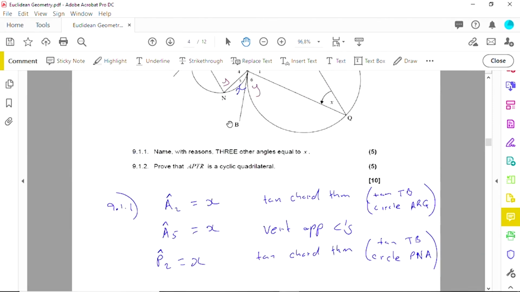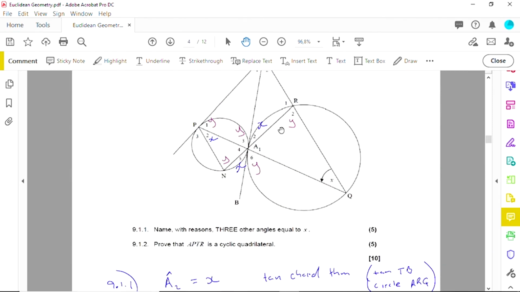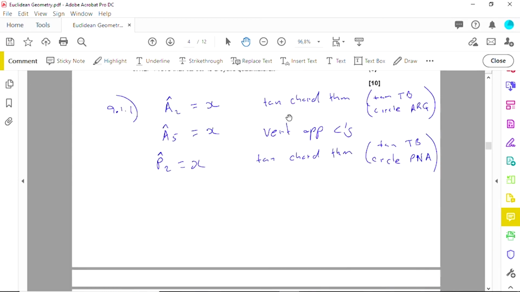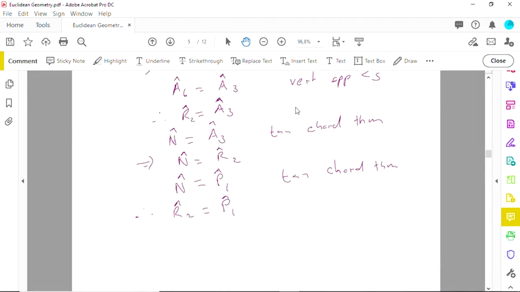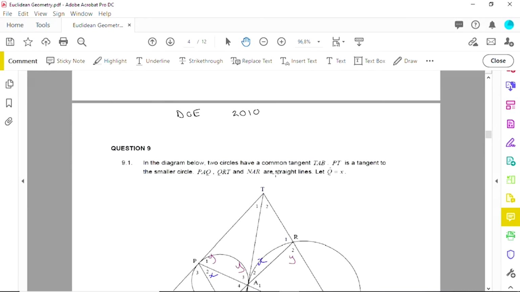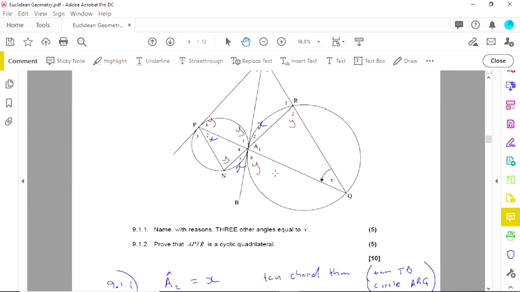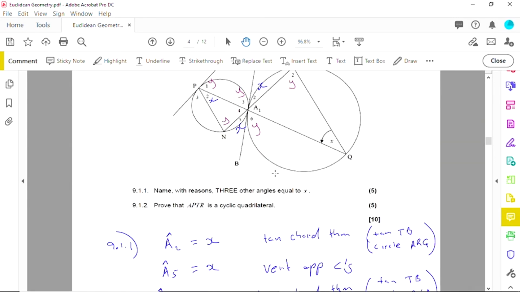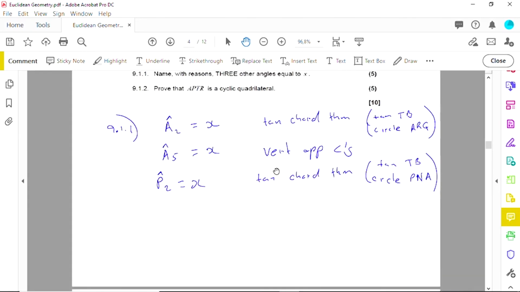If R2 is equal to P1, then this is a cyclic quad. Therefore, APTR is a cyclic quad.